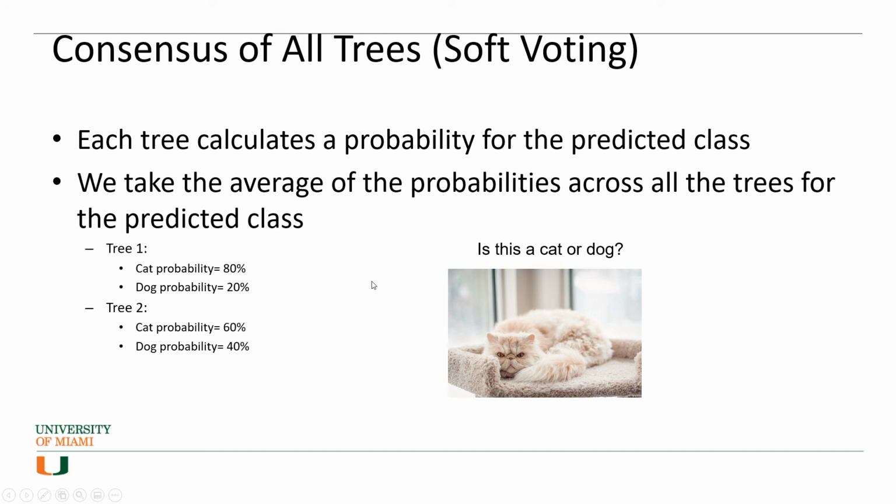The soft voting means that we have to take the average for each class. So for the cat, it would be the average of 60% and 80%, which is 70%. And the dog class would be the average probability of the dog class among the two decision trees, which is going to be 30%. Therefore, the random forest result for the classification would be cat by 70% and dog by 30%.